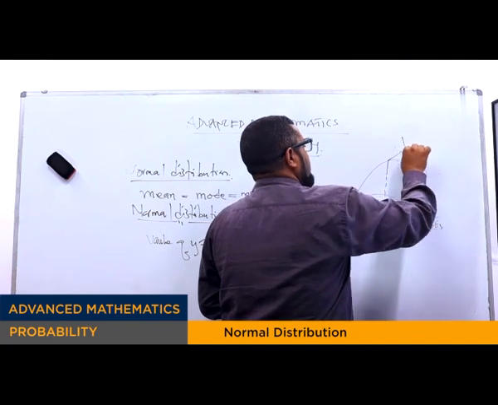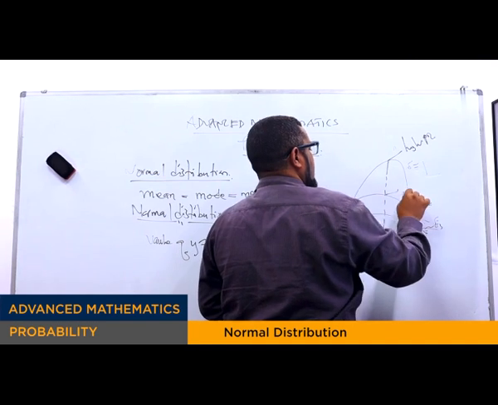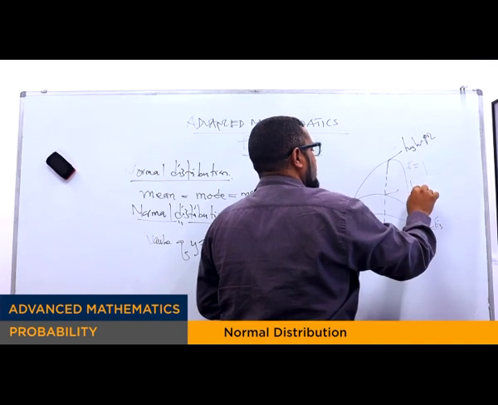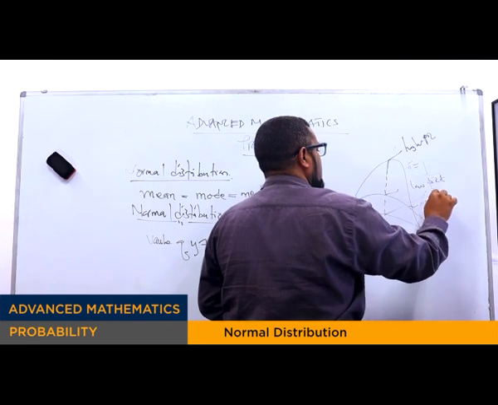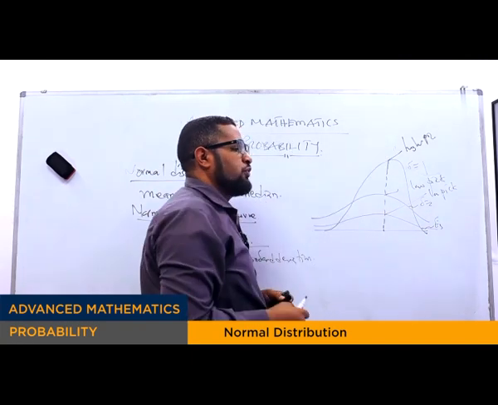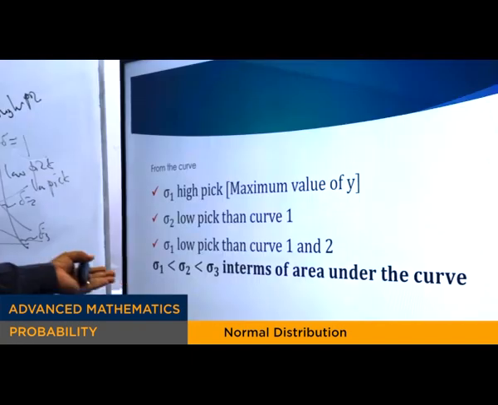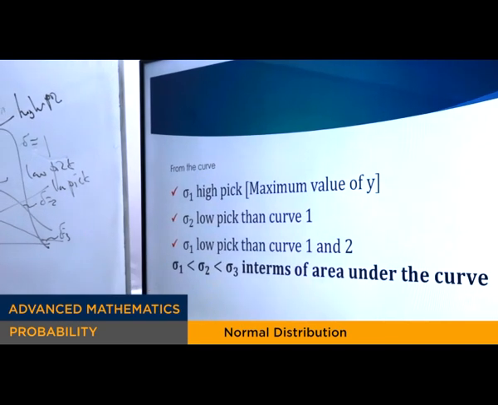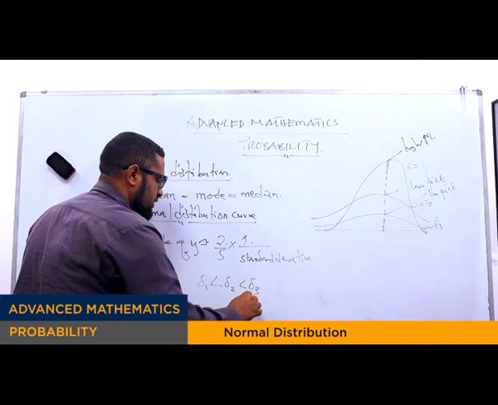This point is the high peak. This is the low peak, and also this one is a low peak when you compare to the two graphs above. So you can conclude by saying standard deviation 1 is less than standard deviation 2 is less than standard deviation 3.